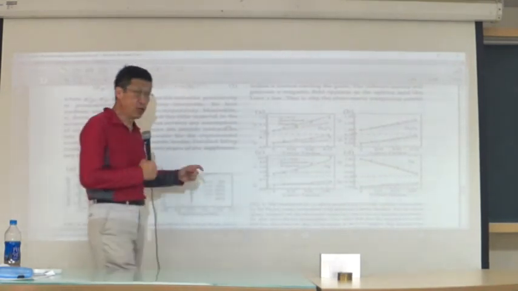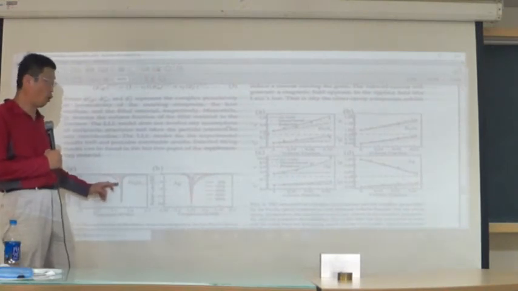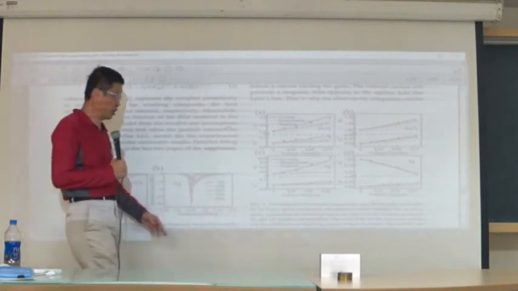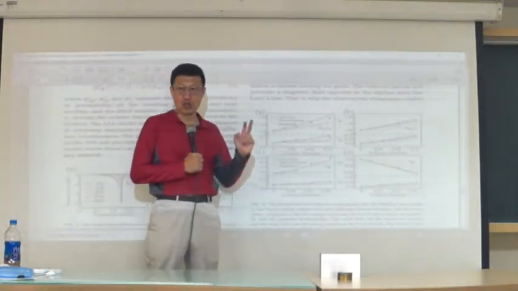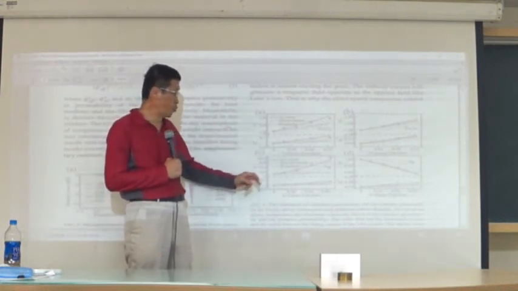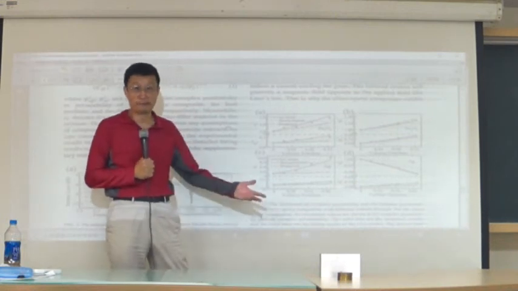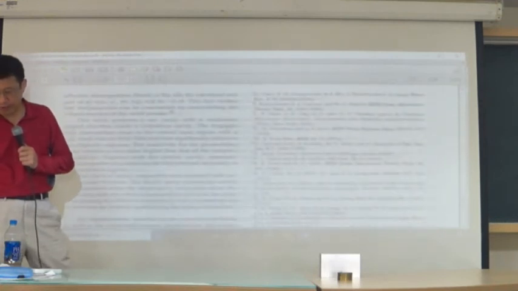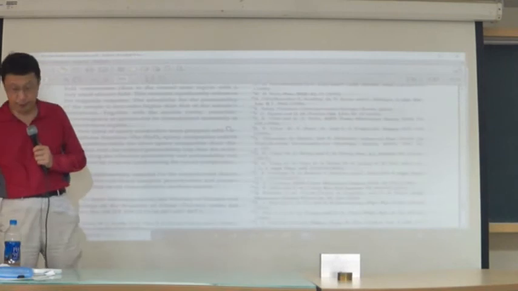And we can measure its frequency response and the quality factor. From the quality factor, we can determine the real part of epsilon, the imaginary part of epsilon, the real part of mu, and the imaginary part of mu. It's a completely new idea and a simple way to separate the EM field.